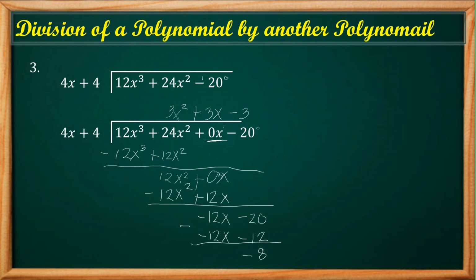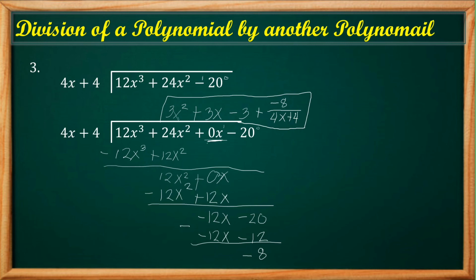Ayan siya, negative 8. Since we have our remainder always plus, our remainder is negative 8 divided by our divisor, 4x plus 4. Therefore, 12x cubed plus 24x squared minus 20 divided by 4x plus 4, the answer is 3x squared plus 3x minus 3 plus negative 8 all over 4x plus 4.